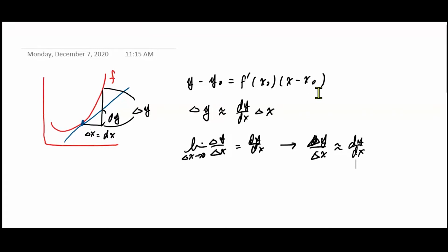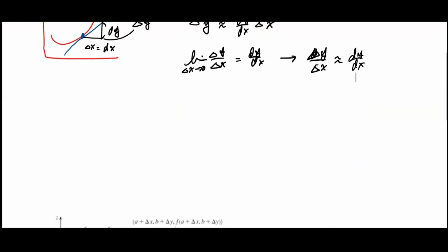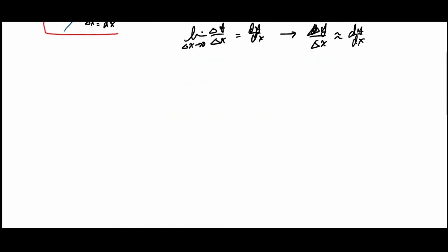Okay, now we are going to do a similar thing in 3D. And this could get a little complex, so let's pay attention. Okay, if you have some kind of 3D coordinate here, and then you have a quadratic surface.